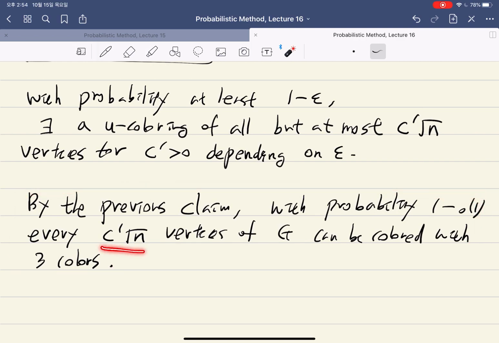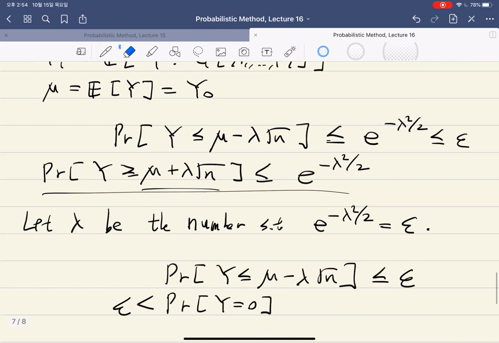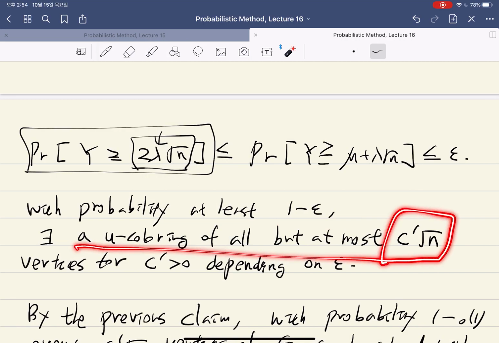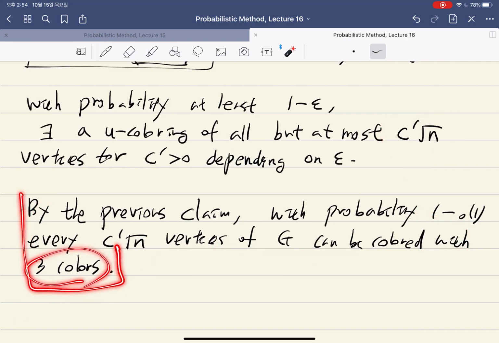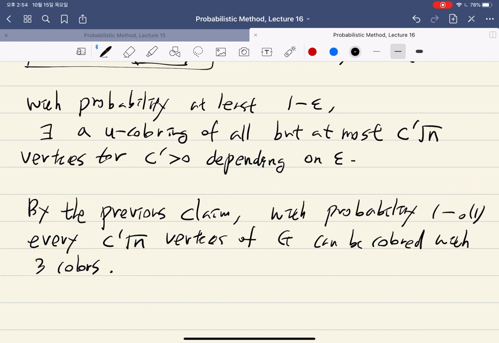Now we know that every this many vertices can be colored with 3 colors, and you use this argument to show that with probability 1 minus epsilon, there exists a U coloring of all but this many vertices, but we already know that these vertices can be colored with 3 colors because we showed that that holds for every this many vertices.